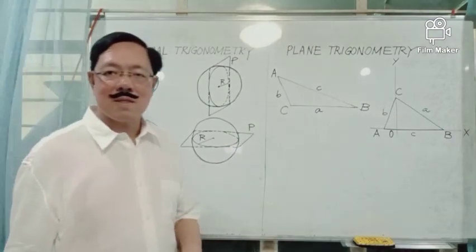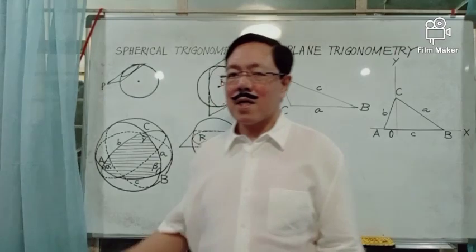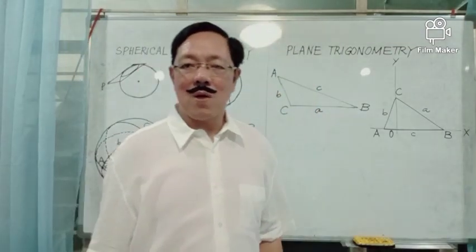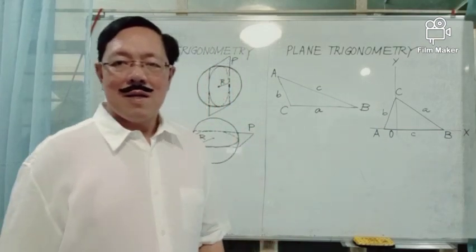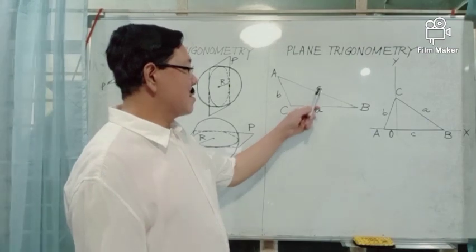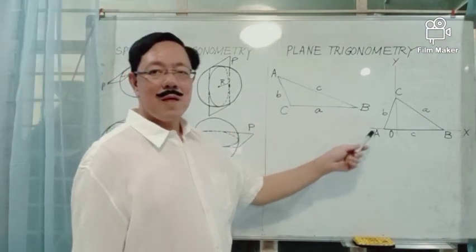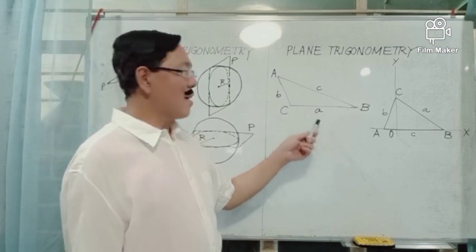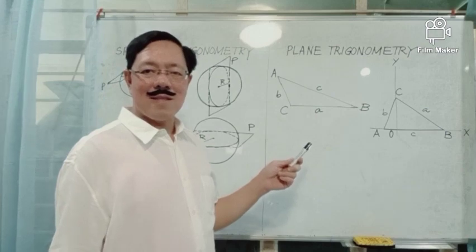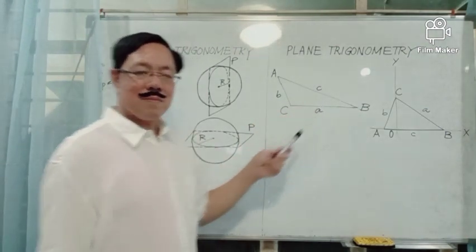Whether we study the triangle in plane trigonometry or the triangles in spherical trigonometry, a triangle always has 6 parts. And these 6 parts are the 3 sides and the 3 angles. In this triangle, the 3 angles are angle A, angle B, angle C, and the 3 sides are denoted by small letters a, b, and c.